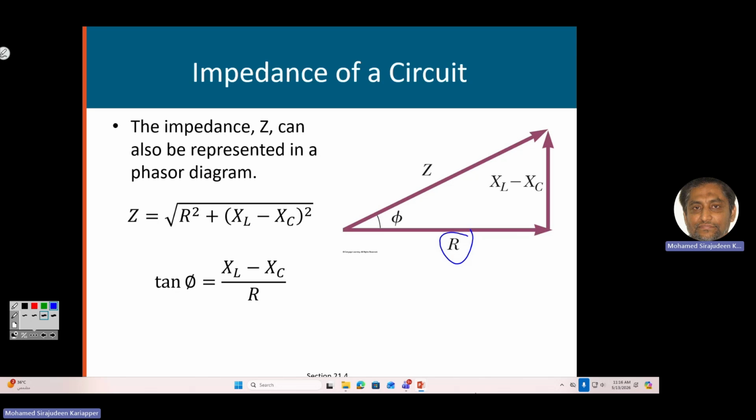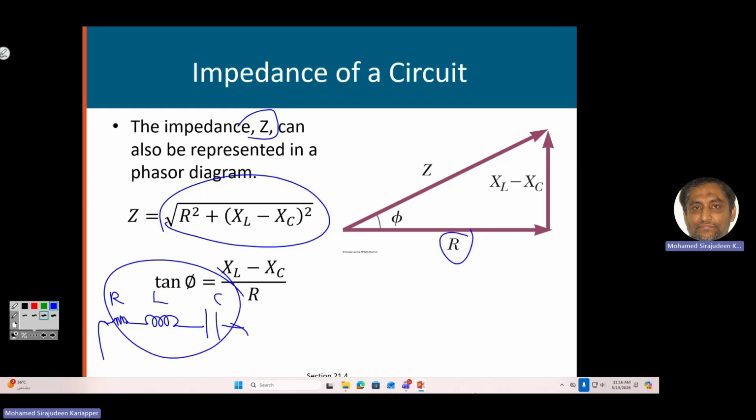It will be perpendicular to the direction of the current, the resistance. So in a similar manner, I can say the total resistance, we call it the impedance. We have the resistor and the inductor and the capacitor connected in series like this.